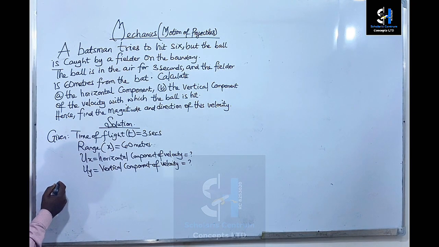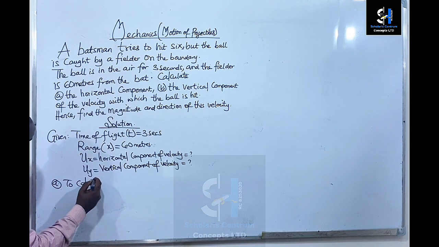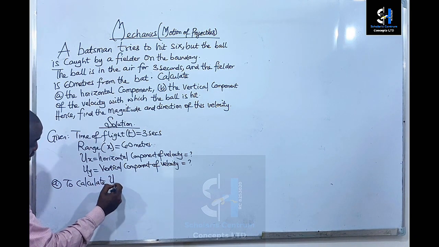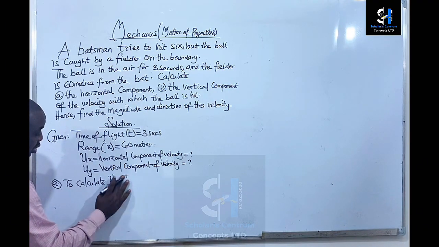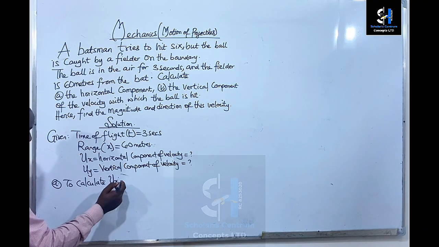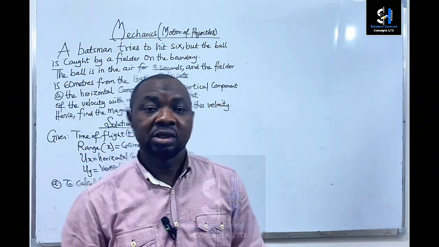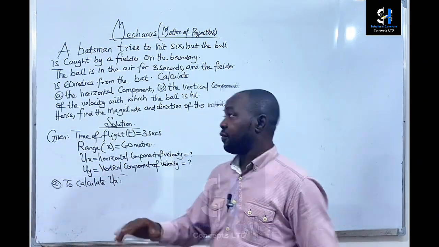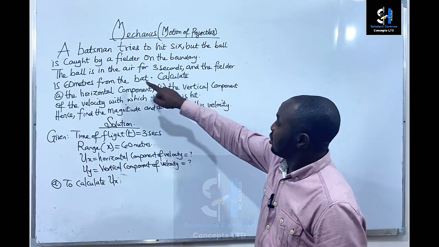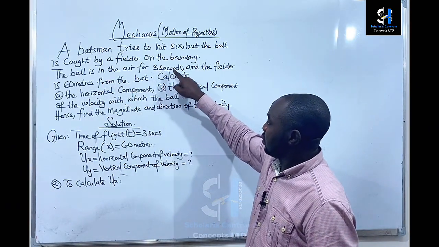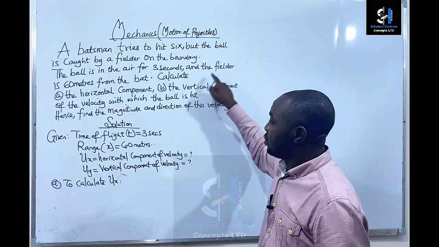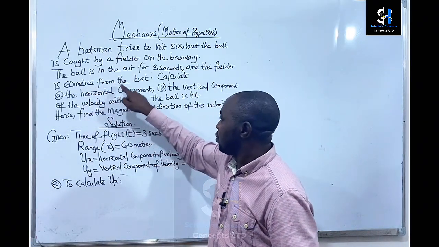So the first thing is to calculate Ux, the horizontal component of velocity. Like I said, it will remain constant throughout the flight because the ball is in the air for 3 seconds and the fielder is 60 meters from the bat.